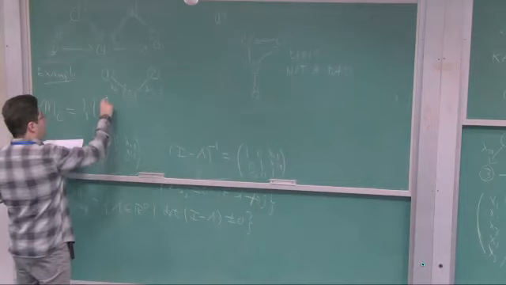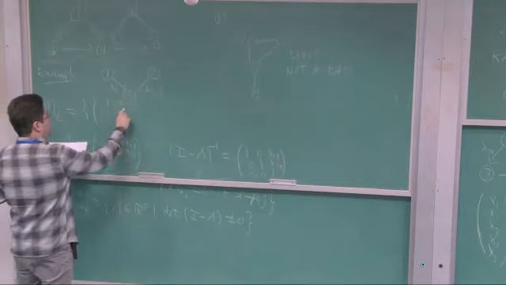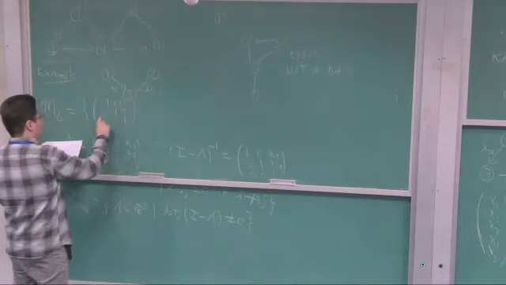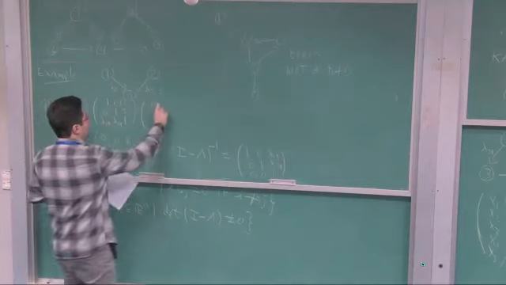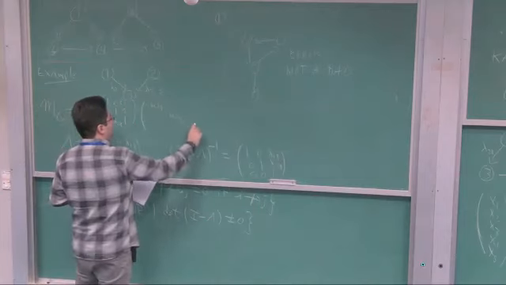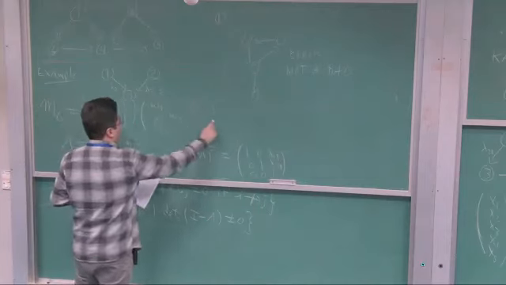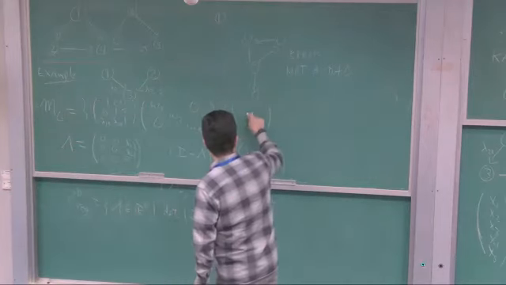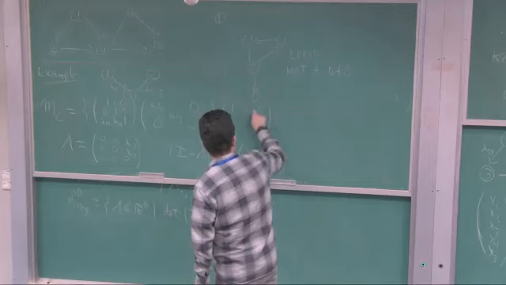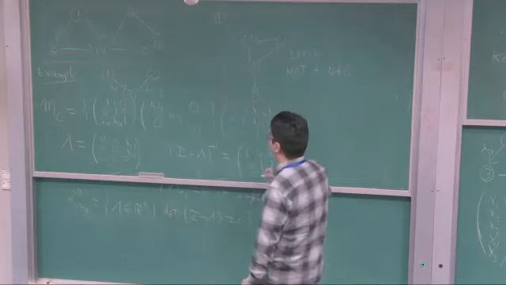So I'm gonna have 0, 0, 0, 0, lambda 1, 3, lambda 2, 3, then omega 1, omega 2, omega 3. And then here this particular I minus lambda inverse. Okay, so then we can multiply.